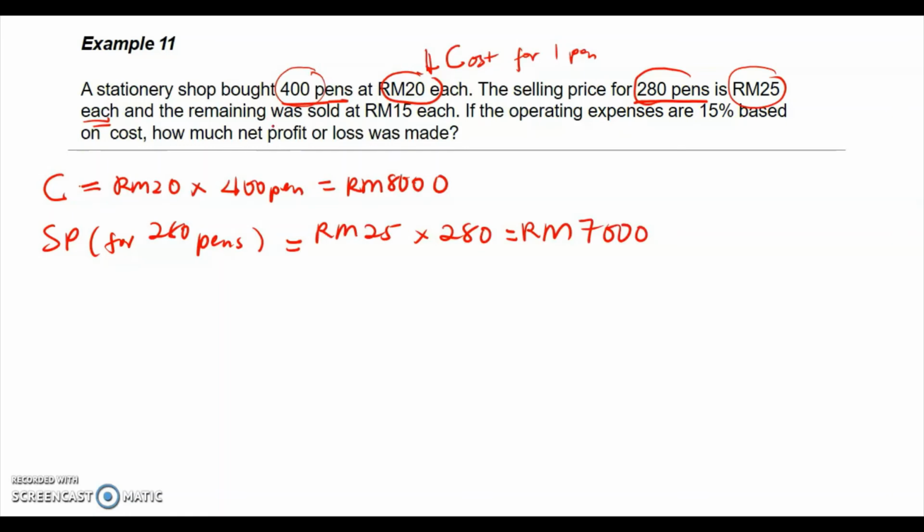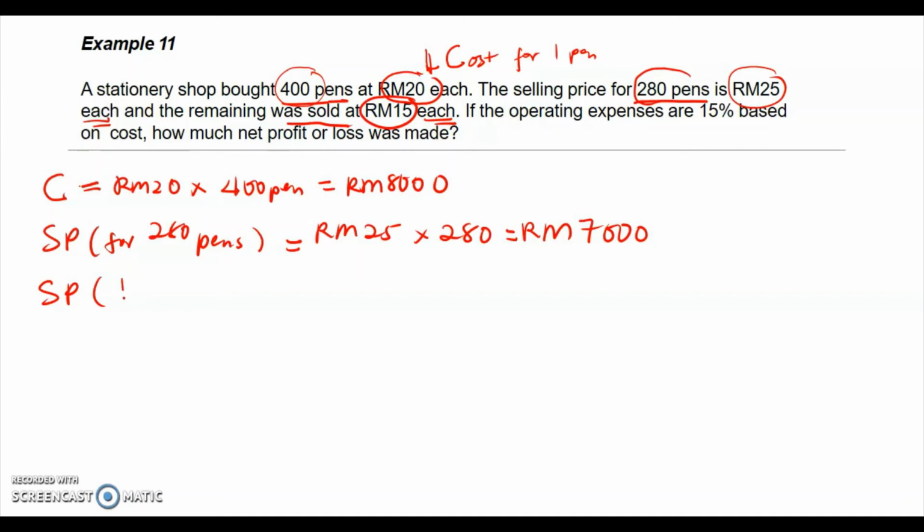And the remaining pens were sold at 15 ringgit each. Since the total is 400 pens, and 280 have been sold at 25 ringgit, how many pens are left? 400 minus 280, so 120.